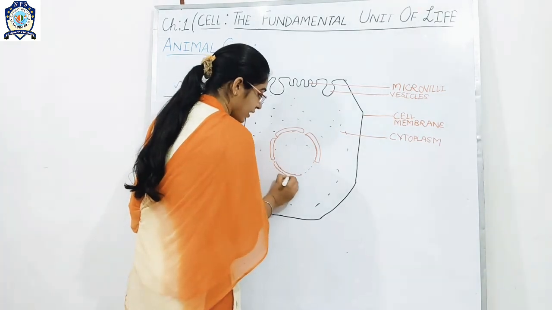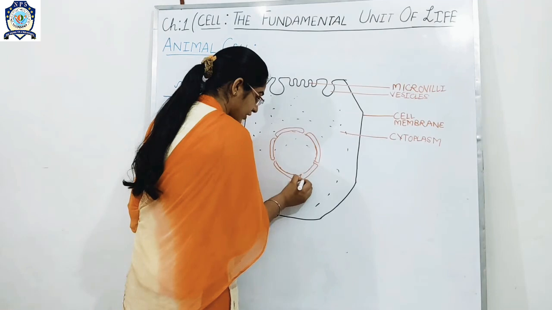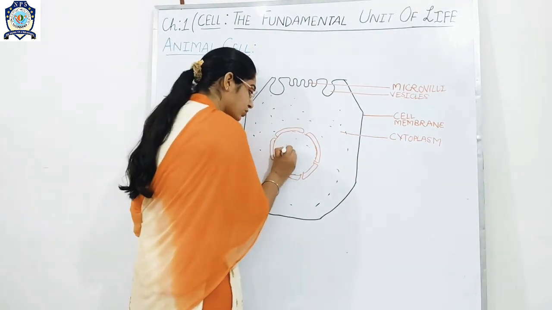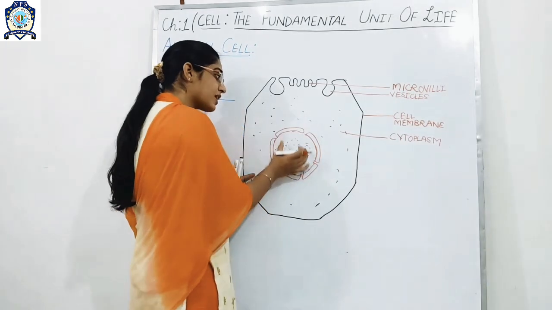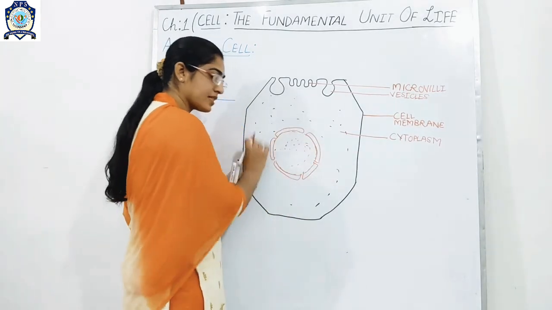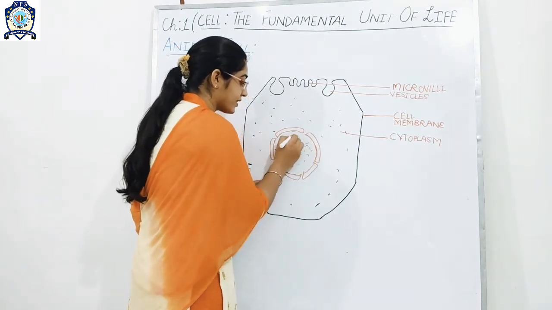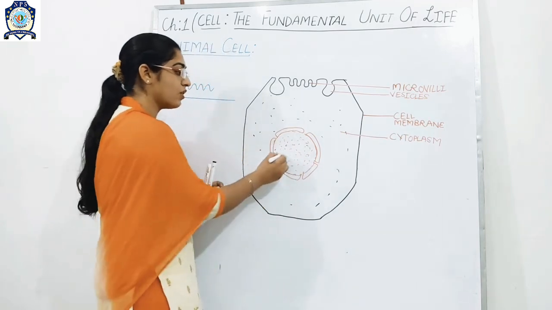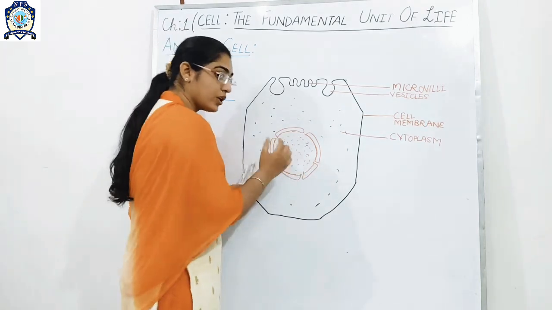So in this way you have to draw the nucleus in the center, and this nucleus is filled with fluid. Outside the nucleus there is cytoplasm, and inside the nucleus there is the matrix of the nucleus, and this matrix is called the nucleoplasm.